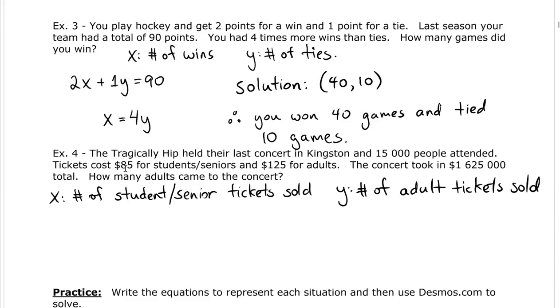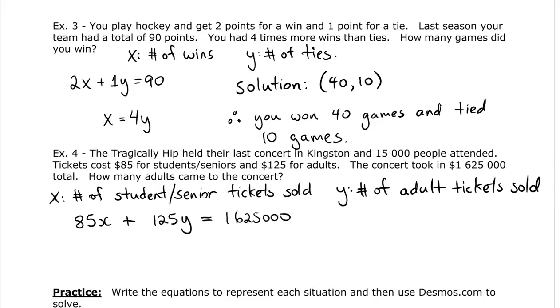We have $85 for each student/senior ticket, so 85 times X, plus the amount made from $125 tickets for the adults, so $125 times Y, equals the total amount the concert took in, $1,625,000. So that's our first equation.